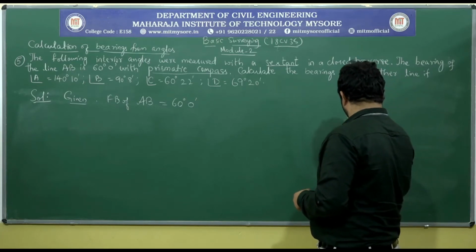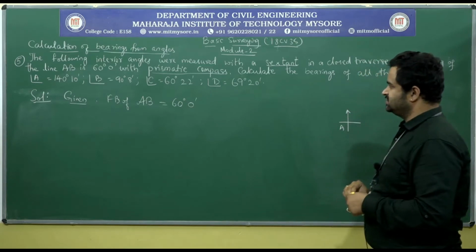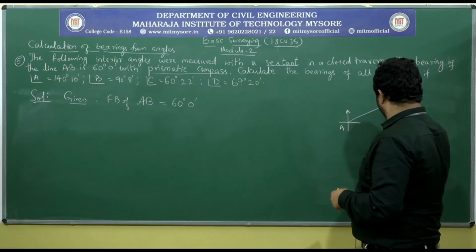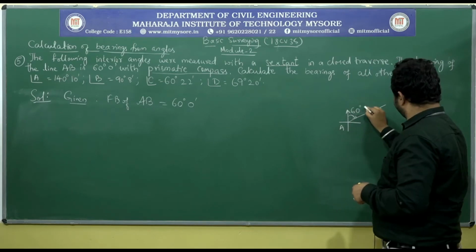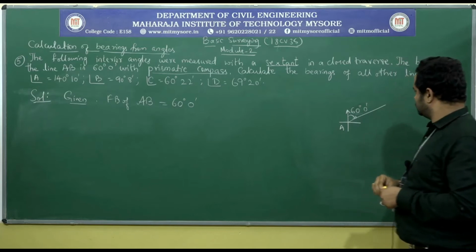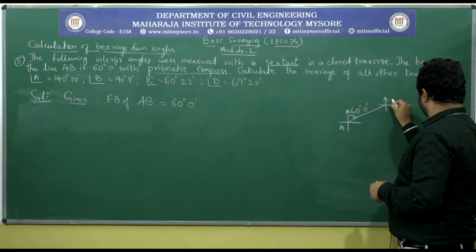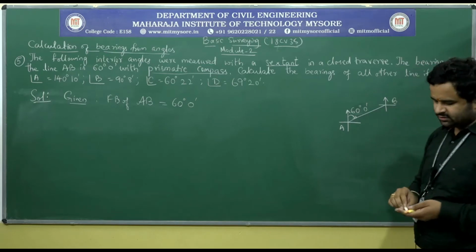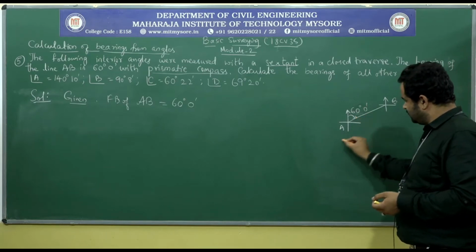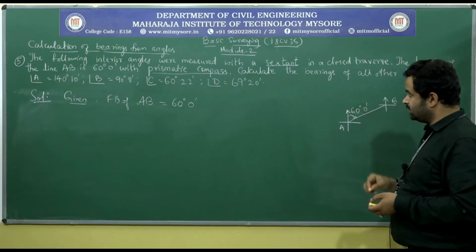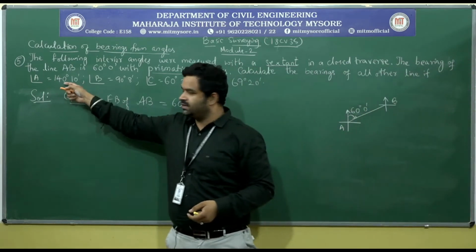We know that from station A towards B is the fore bearing of the line AB. So let this be your point or station B. Next, what do we know? Angle A. So angle A will be measured in between like this. Angle A is equal to 140 degrees 10 minutes.